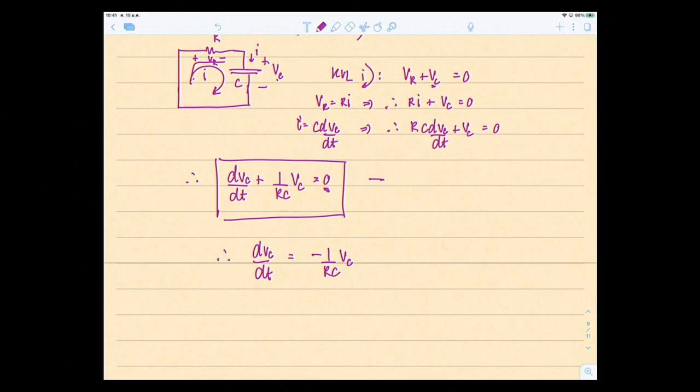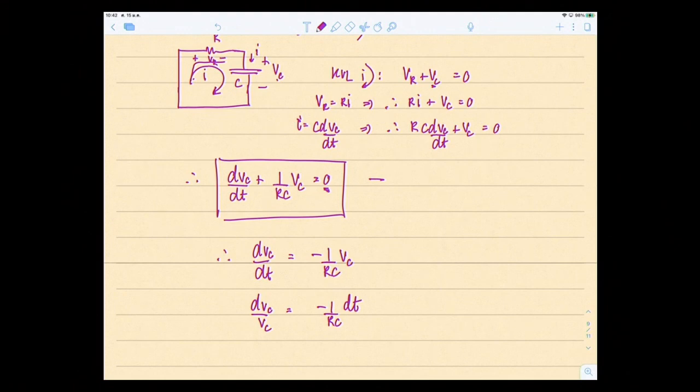I move VC to the left side and the other parameters to the right side. It becomes dVC over VC equals minus 1 over RC dt.